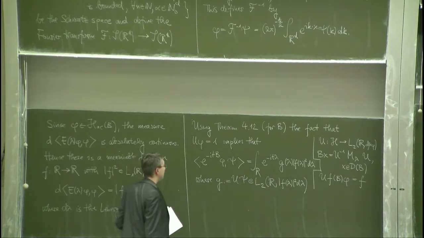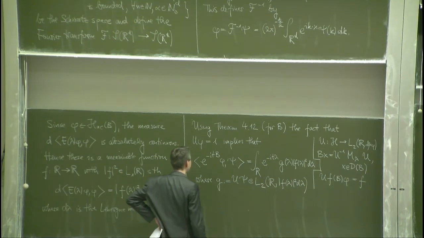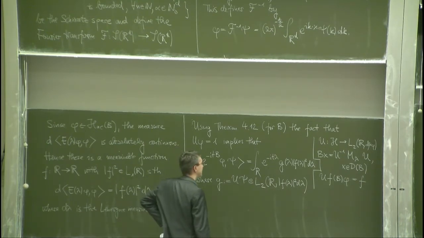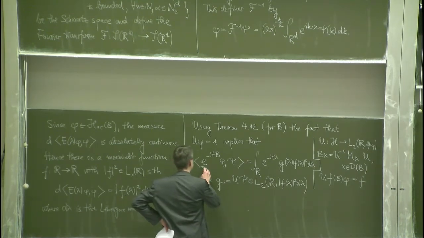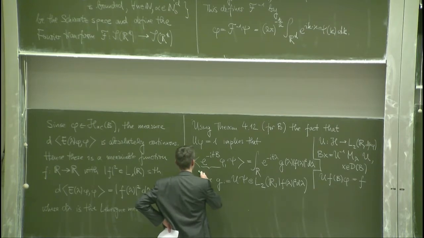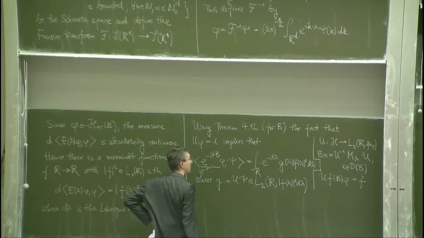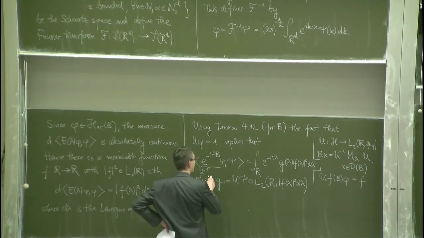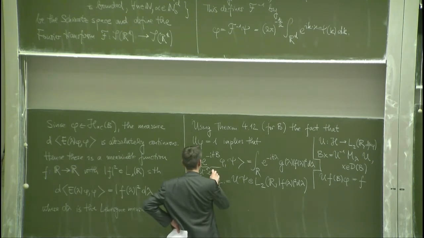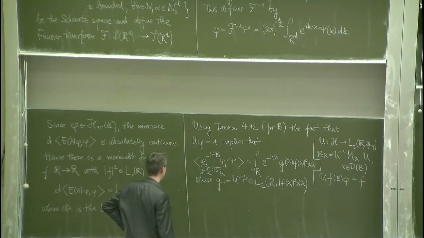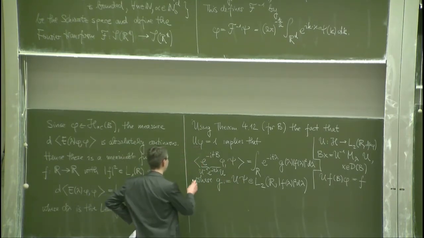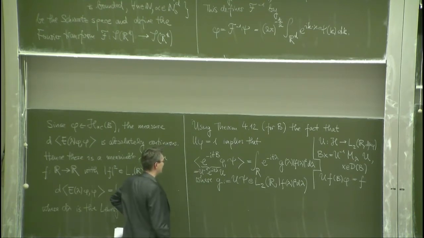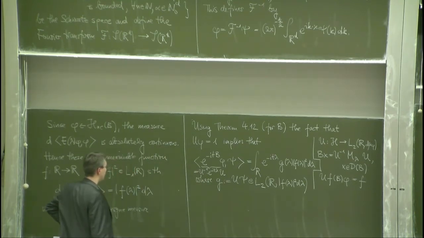Yeah, so what did we do here? We know that this expression here is simply U to the power of minus 1. And then we have multiplication with a complex number, exponential minus IT lambda. And then we have U here. Yeah, so this is from the spectral theorem. And we also know that U to the power of minus 1 is U star, as we have a unitary map.